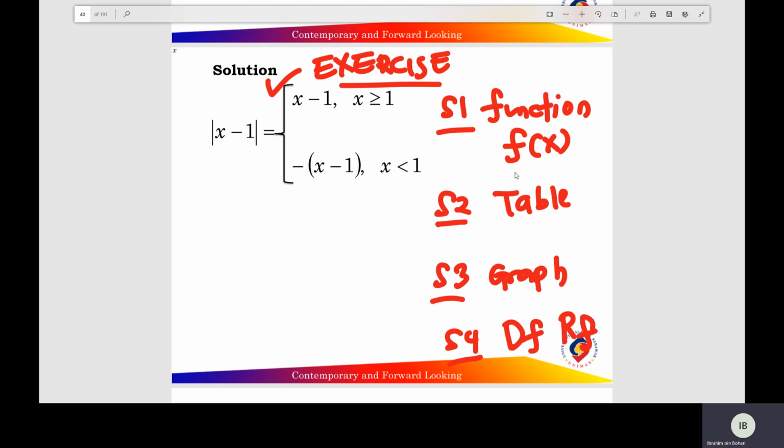Okay, question B, your exercise, modulus x minus 1.